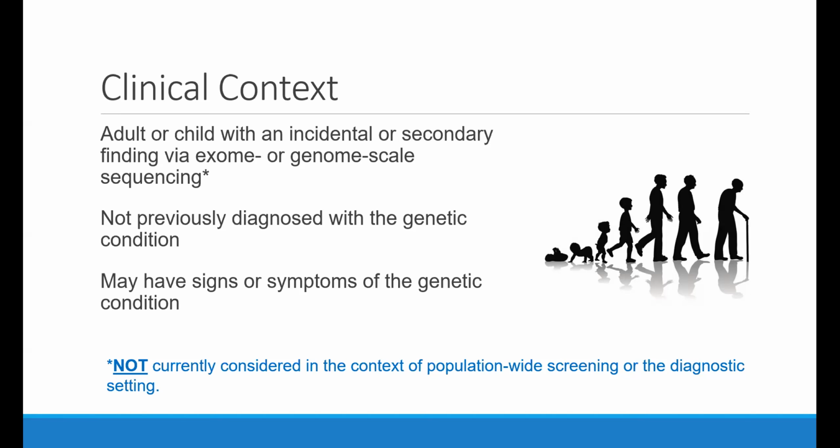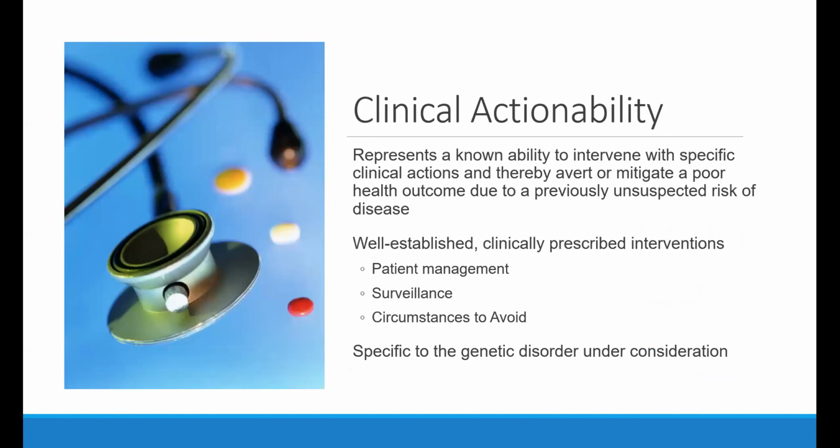We're interested in the patient who's not previously diagnosed with a genetic condition, so this finding is new to them, and they may or may not have signs or symptoms of that genetic condition, but they don't know that they have it. And then the definition of clinical actionability is basically that it represents a known ability to intervene with specific actions and thereby avert or mitigate a poor health outcome, a previously unsuspected risk of disease.